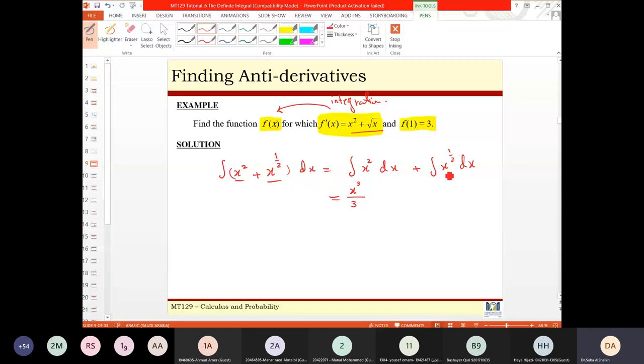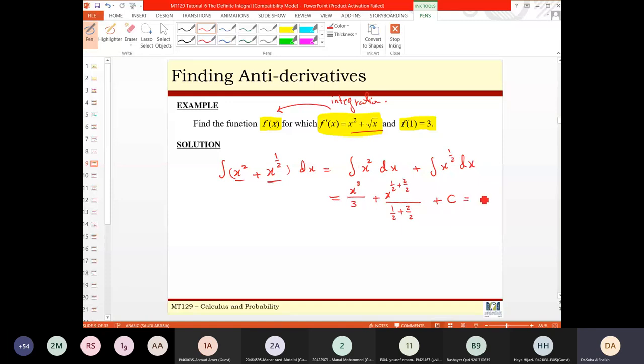What is the integration of x to the power half? It is x to the power half, and I add 1, the 1 is a 2, right? And I divide by the same amount, which is half plus 2. Why did I make it 2? To make it easier for me to find a common denominator here. Plus of course the integration constant c.